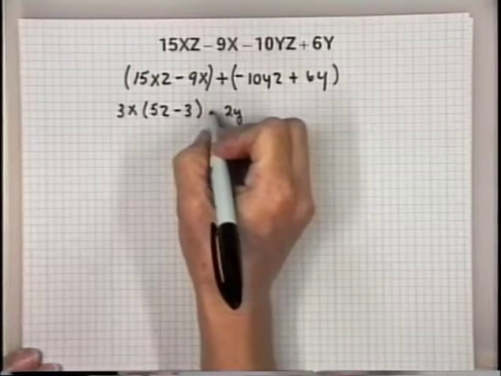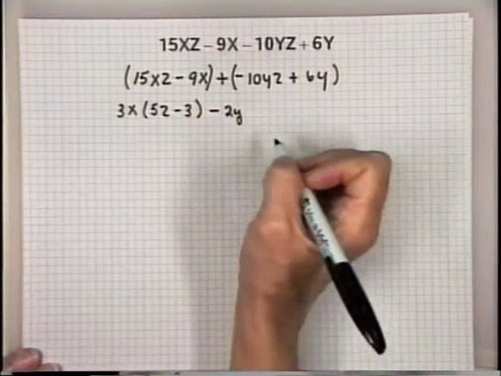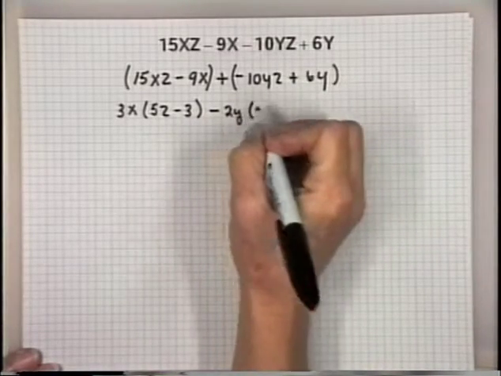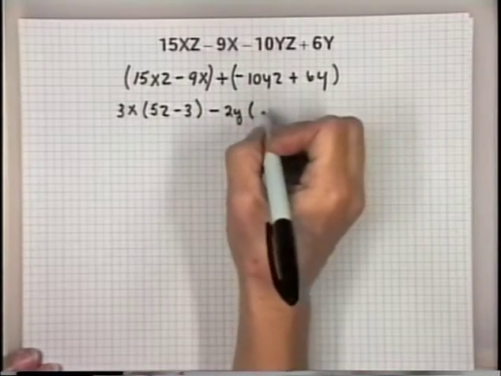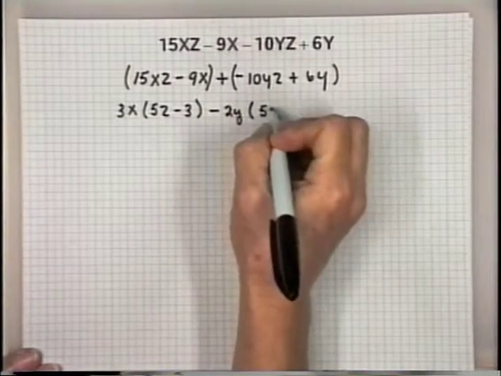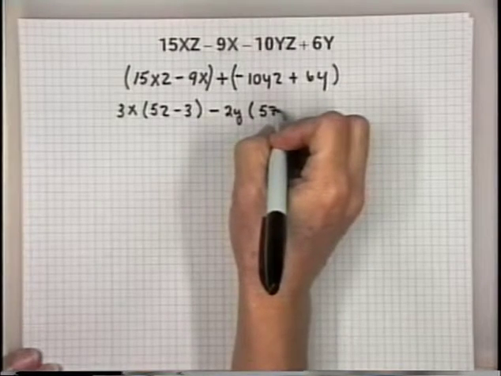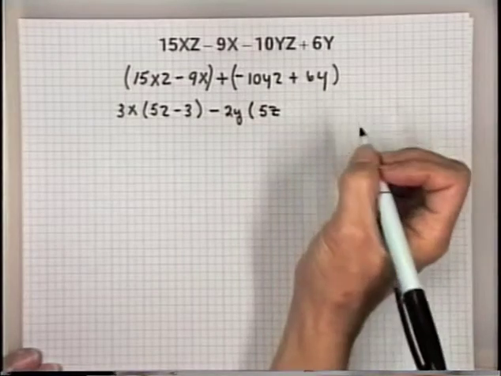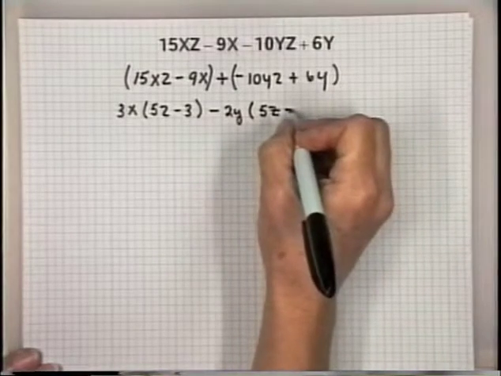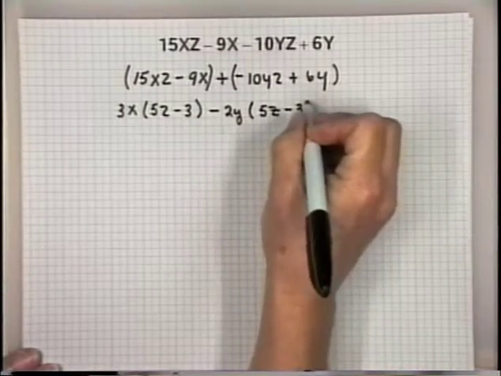So I'm going to choose to factor out negative 2y. Factoring negative 2y out of negative 10yz gives me a positive 5z. And factoring a negative 2y out of positive 6y gives me a negative 3.